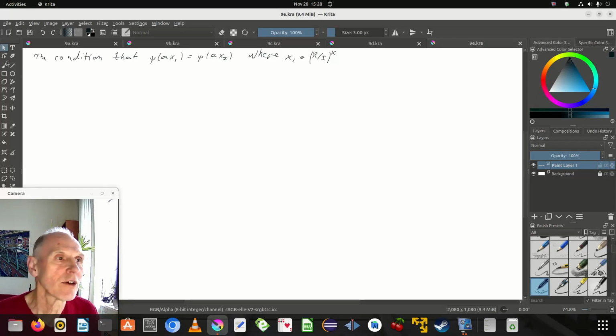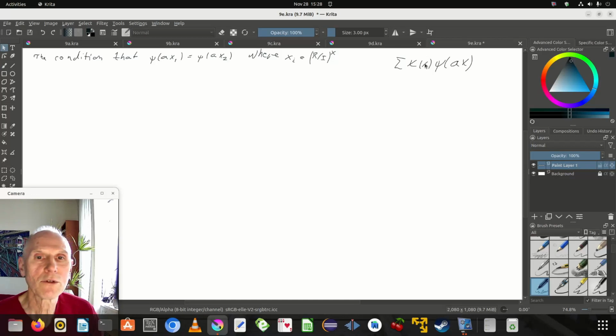And since they occur in the sum, we need only to use values of x in the multiplicative group. So this is an additive character.